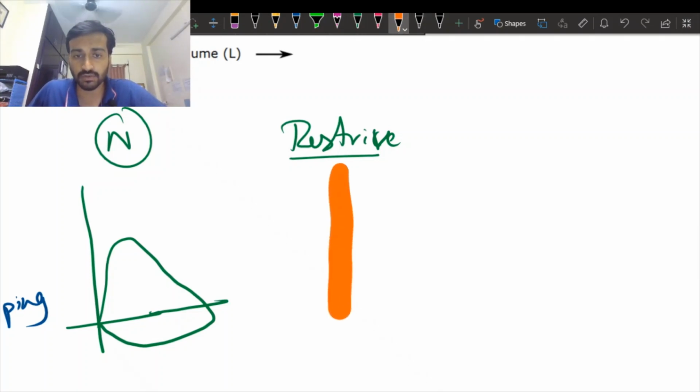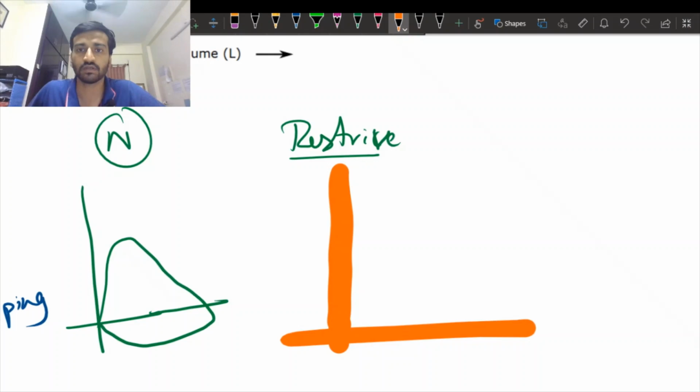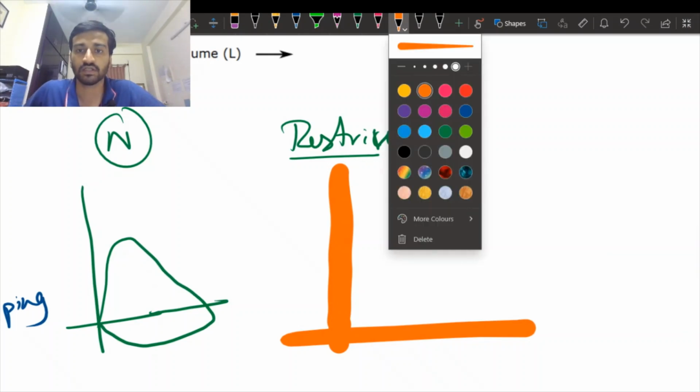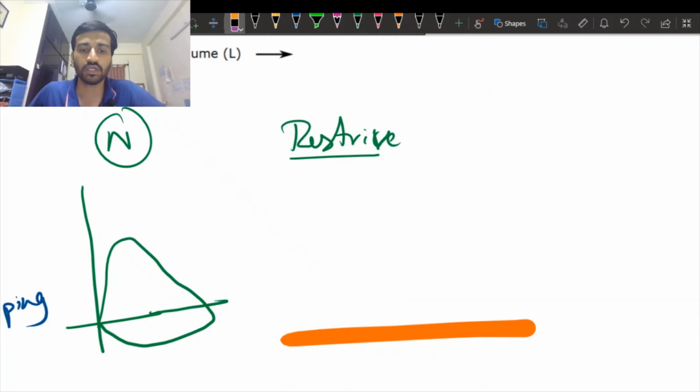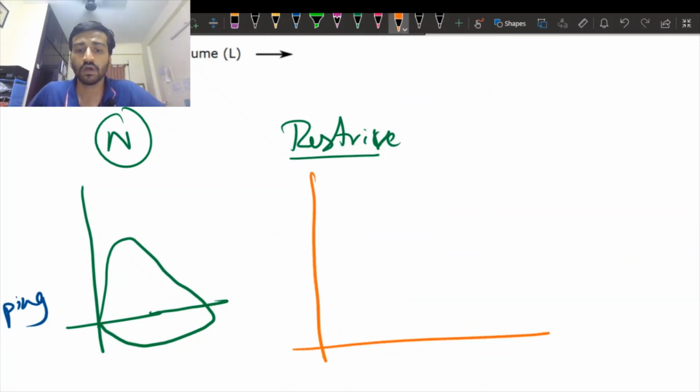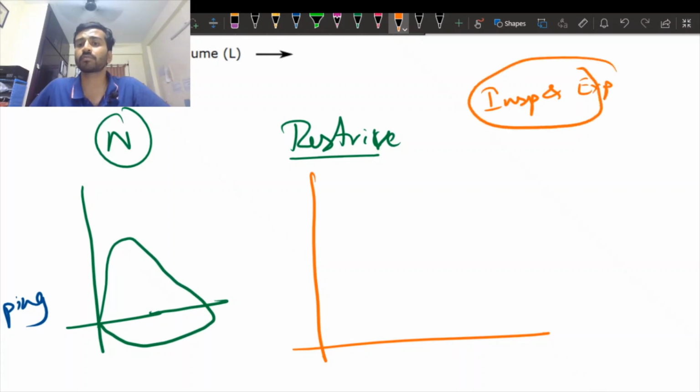Okay, in restrictive airway disease, there is a problem with both inspiration and expiration. Both are not normal. Whatever amount of air that we take in decreases, whatever we breathe out also decreases.